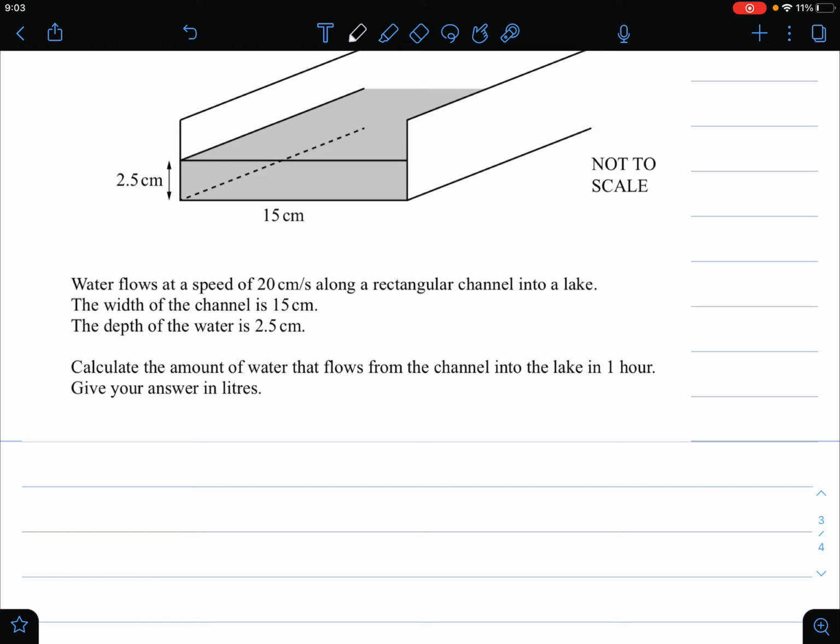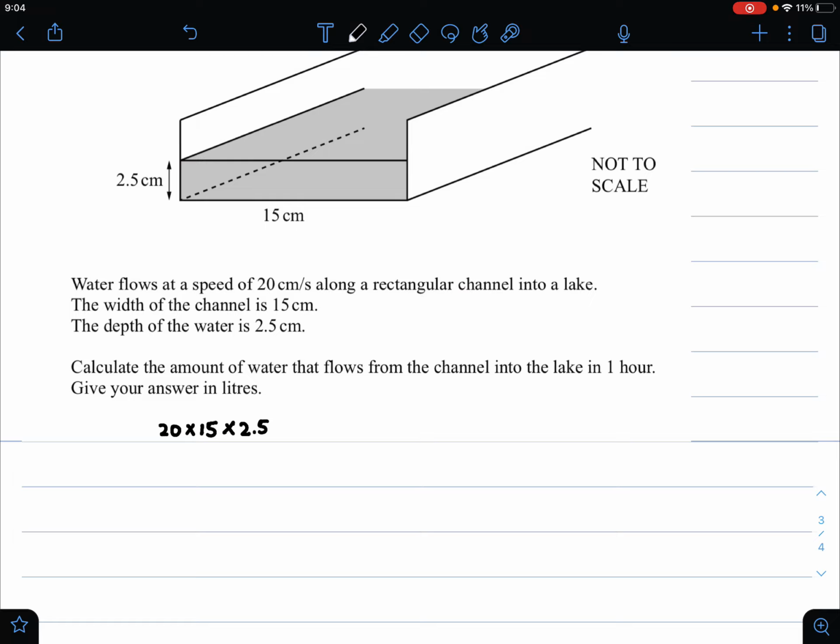Now let's find the volume of the cuboid first, so that we know how much water is flowing to the lake. So 20 multiplied by 15 multiplied by 2.5, and we have to calculate how many in 1 hour, and they've told us that the water flows in seconds at a speed of 20 centimeters per second.